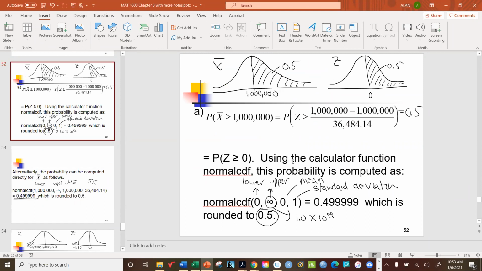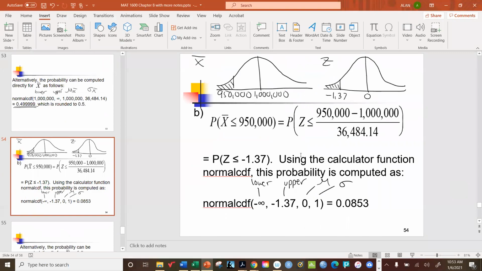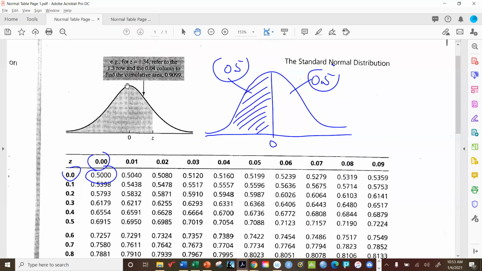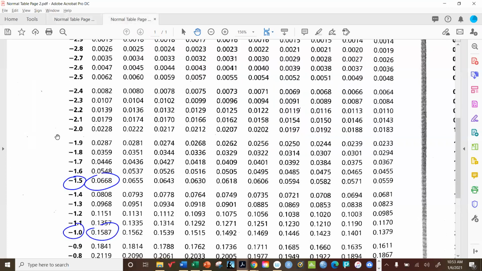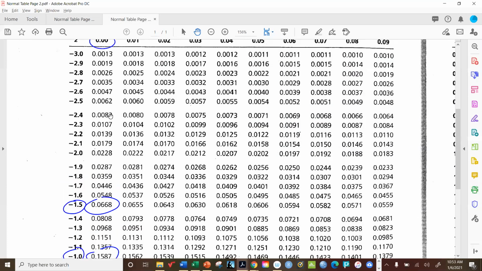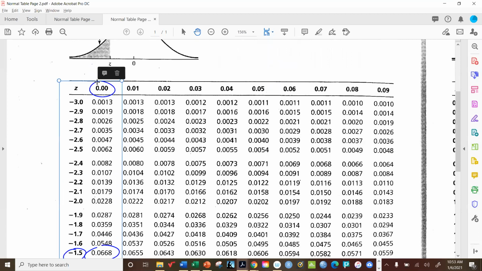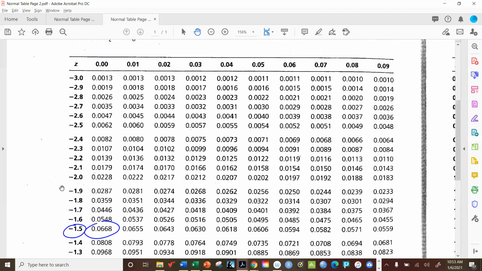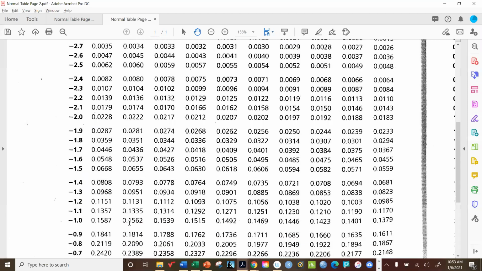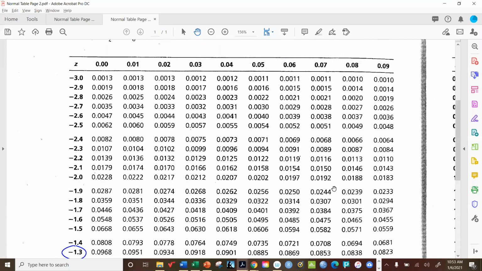Now, for this problem, we've come up with a z-score of negative 1.37. All right, let's go find it. We have to go to the negative chart for that. All right, negative 1.3 is here. Negative 0.07 is up here.